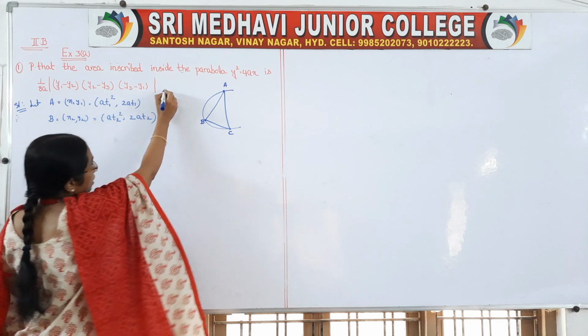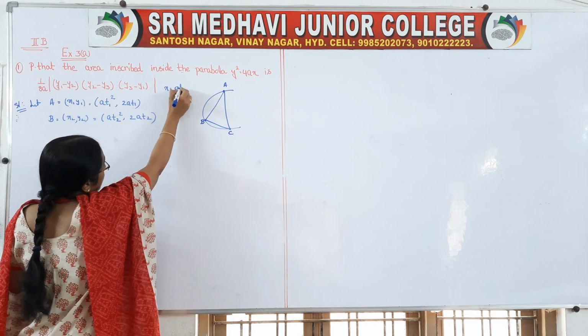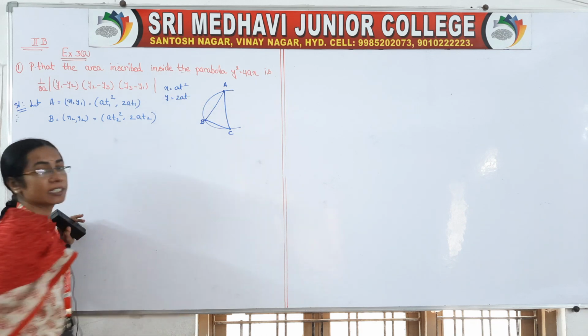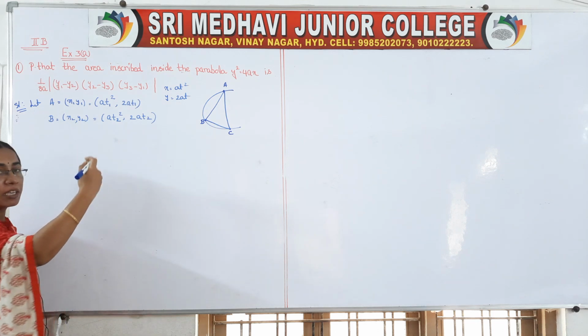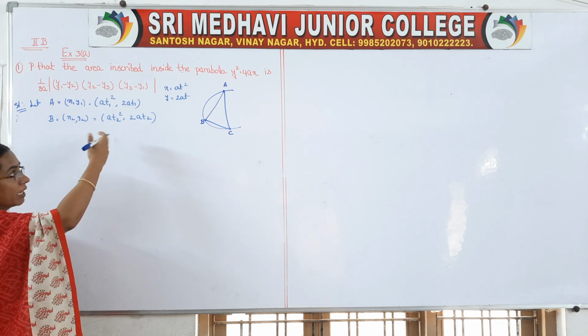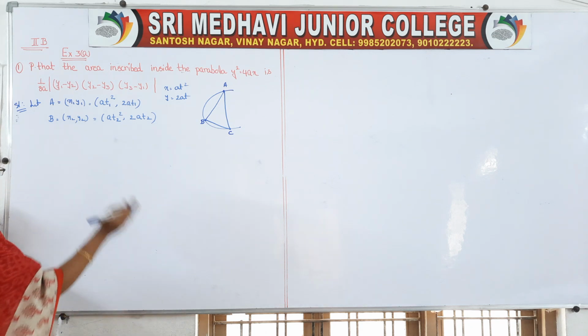Generally in parametric form, x is equal to at square and y is equal to 2at, right? These are called parametric equations. So to make the difference of the 3 points, that's why at1 square 2at1, at2 square 2at2, like that we have taken.